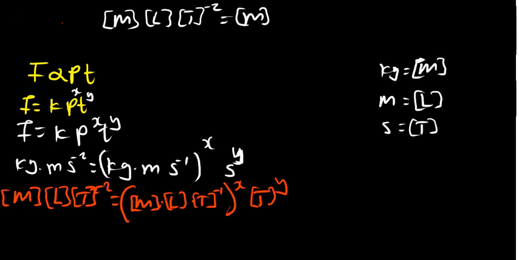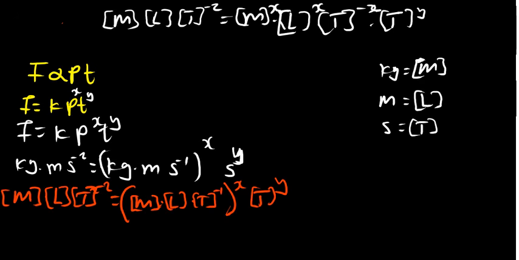I've multiplied by x, so I'm going to have L, which is also raised to x, and I also have T, which is going to be raised to the power negative x, and then I also have another T, which is raised to the power y.